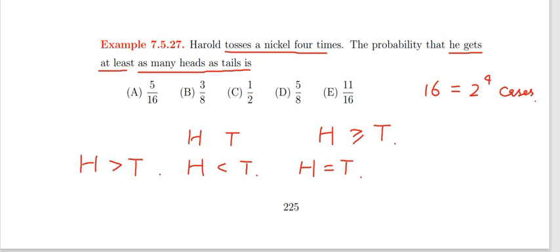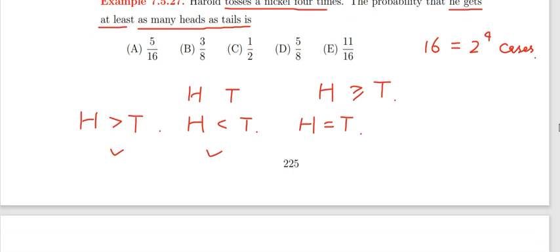But for the first two cases, by symmetry, they're the same. So we can regard the probability that heads is larger than tails as p. Then this is also p, so the probability that heads is less than tails is also p.